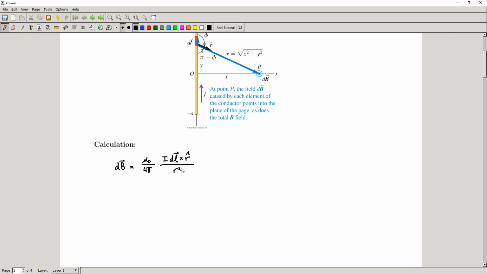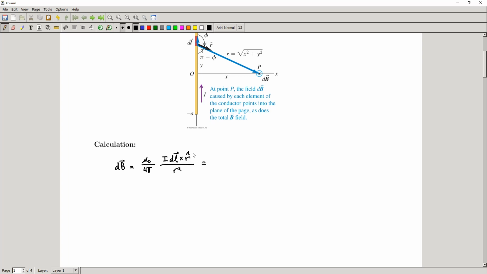Okay. And so very much like we did in the case of the electric field, we're going to find it more useful to write this out with not r hat here, but with actually r vector, because we're going to make use of our full vector expression for r, and we don't want to have to extract the unit vector from that.